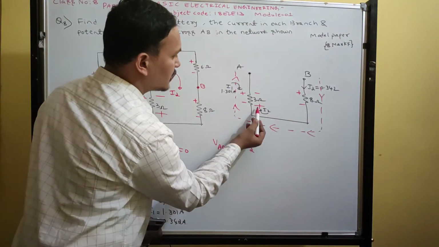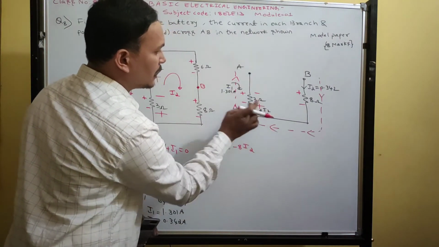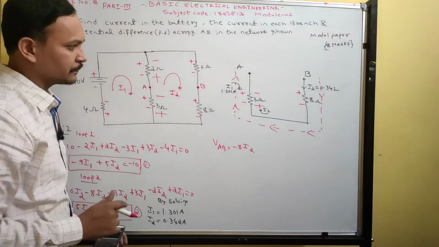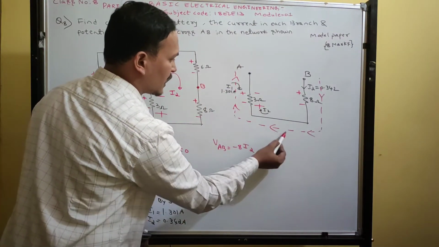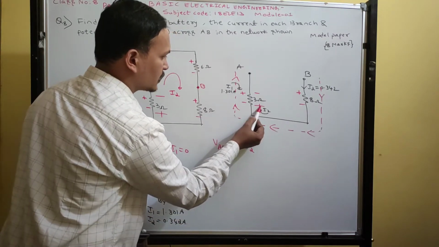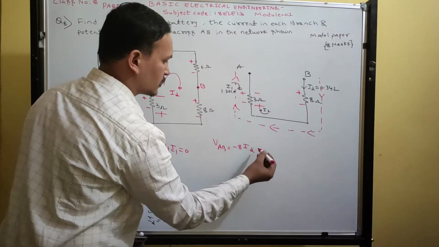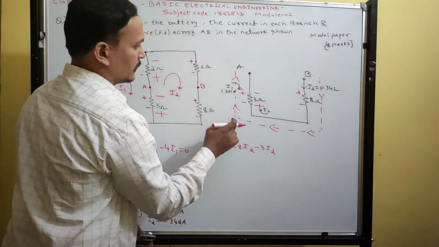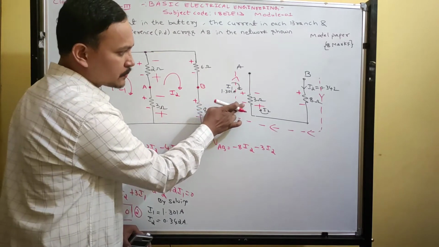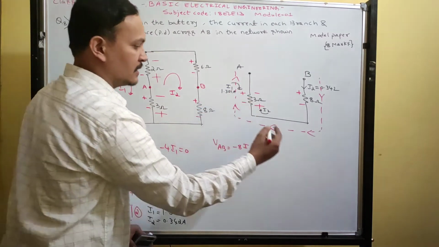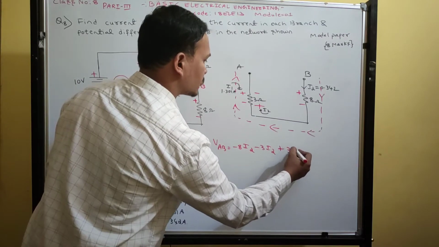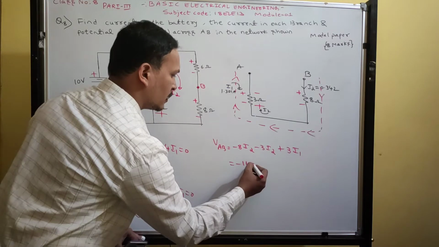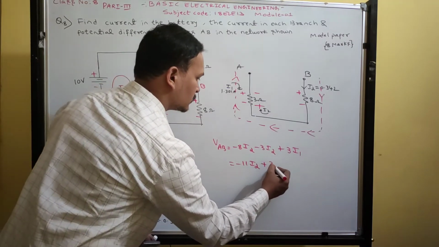Then see this polarity: for this polarity I2 current is flowing, and for the other polarity I1 current is flowing. You will get two drops. See the traverse direction and the polarity. For this one, traverse direction plus to minus, so drop, minus 3. What is the current for this? I2. Next, for this direction, see this polarity: minus to plus, rise, so plus 3 times I1. Then this becomes minus 11 I2 plus 3 I1.